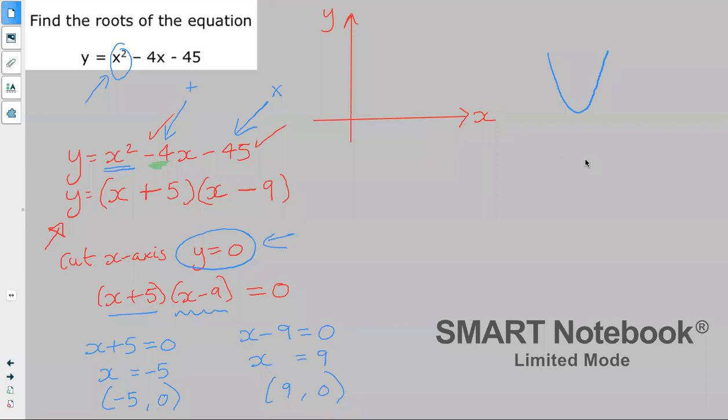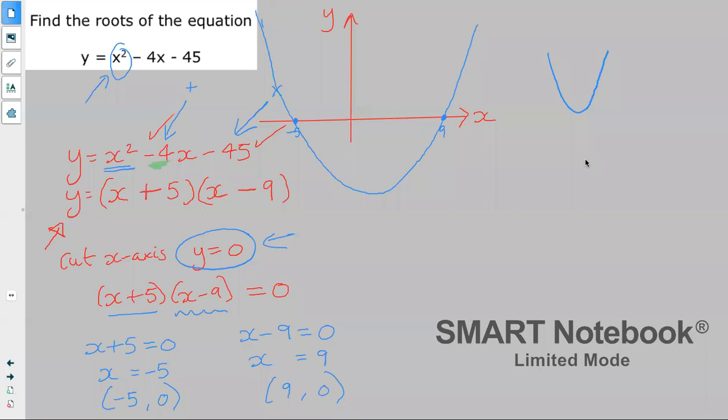It would cut the coordinate axis at 9, 0 and negative 5, 0, and then you can just draw in the parabola.